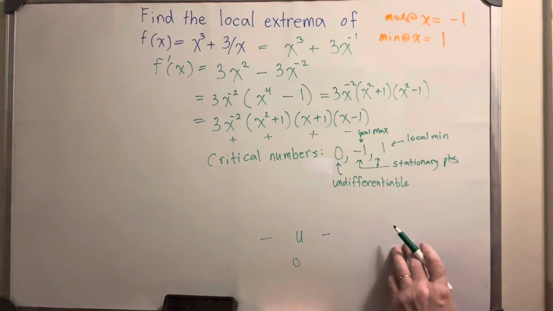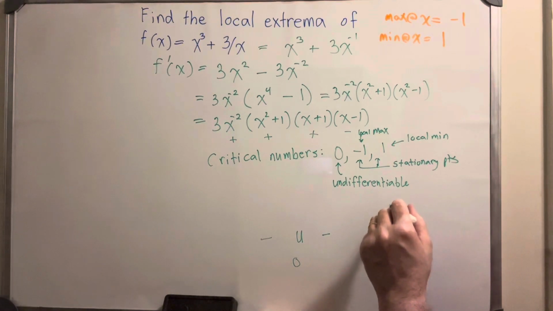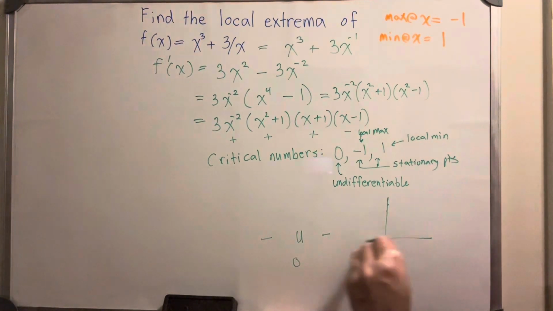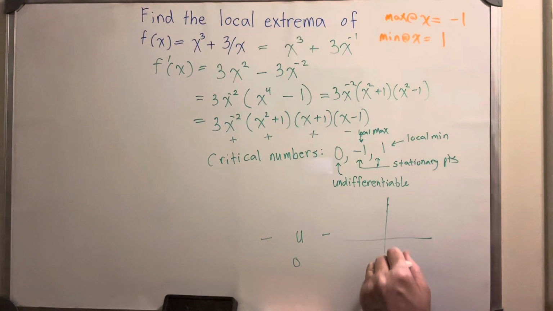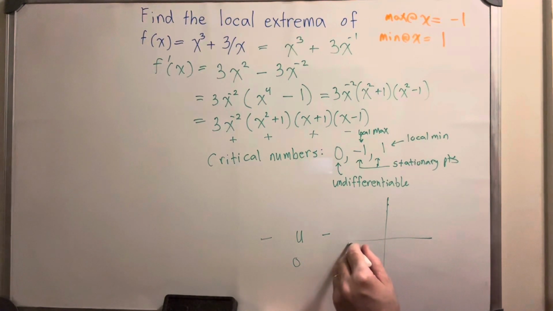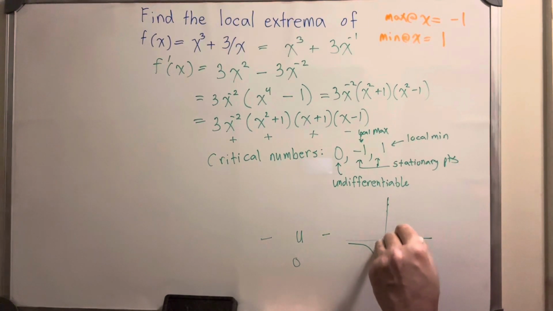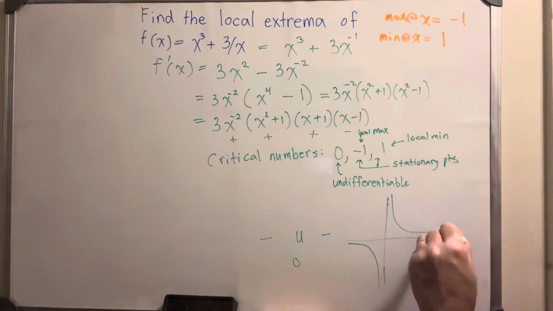We're talking about some kind of case where at x equals 0 we have an asymptote. This is a type of function that has a negative slope right before 0, and it has a negative slope right after 0.